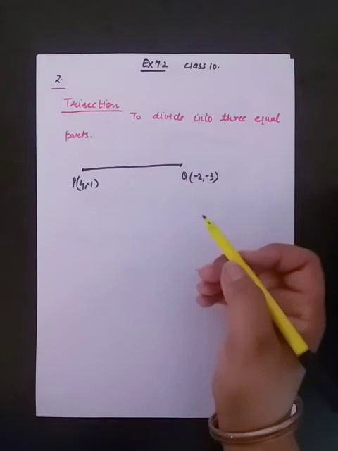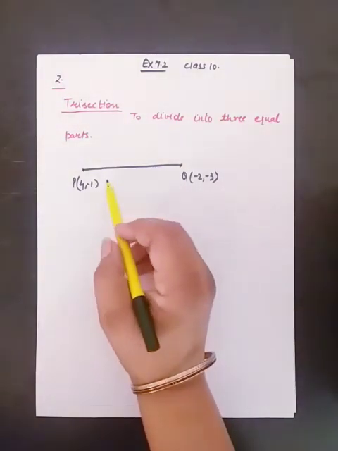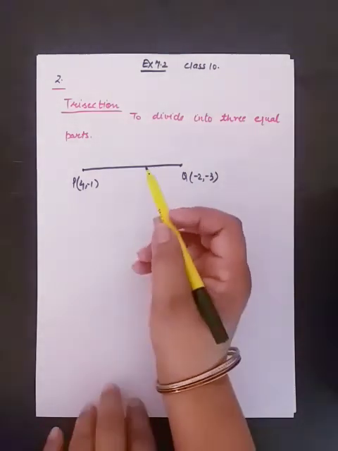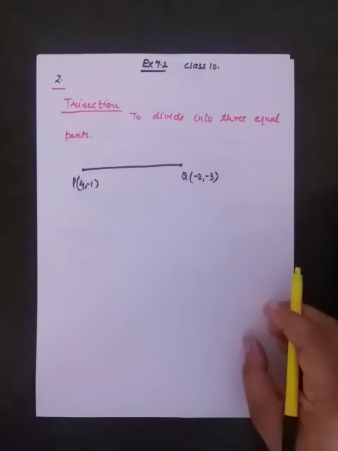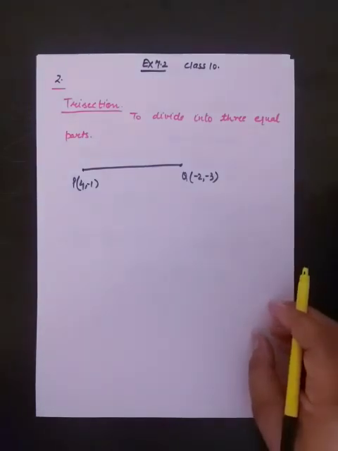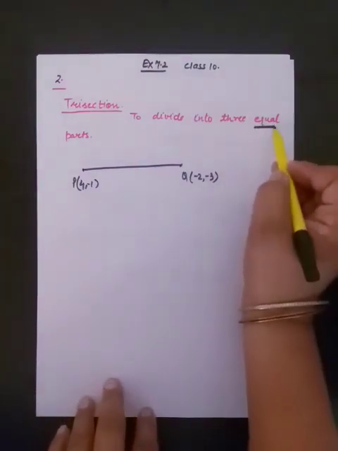Now we have to find the coordinates of the points which divide this length into 3 equal parts. So students, you must first know what trisection means. Trisection means to divide some length into three equal parts. Not only three parts, the parts must be equal.